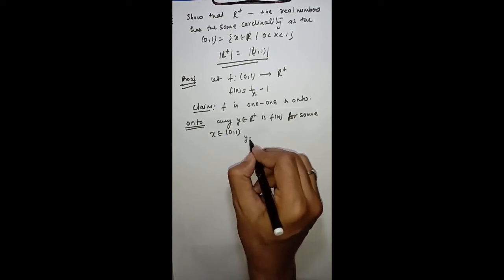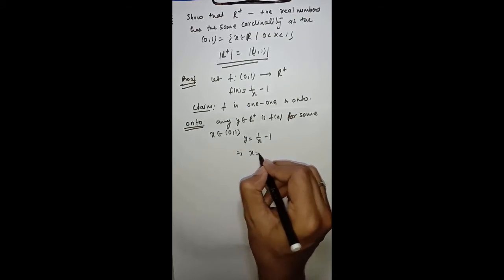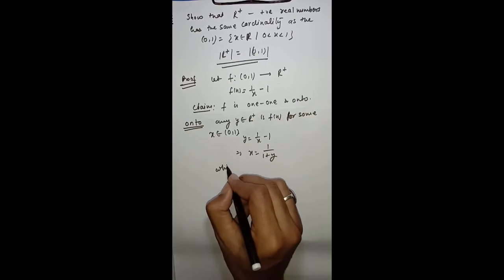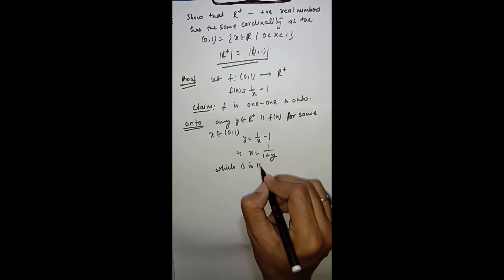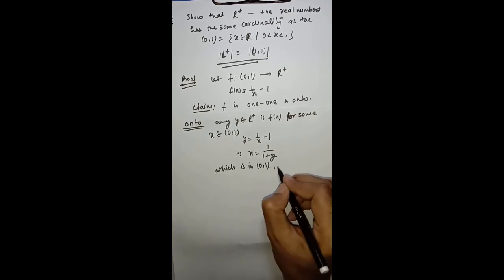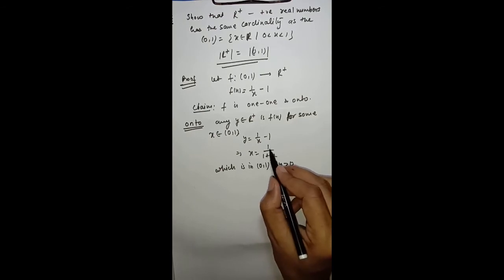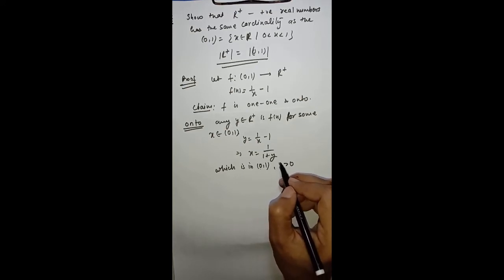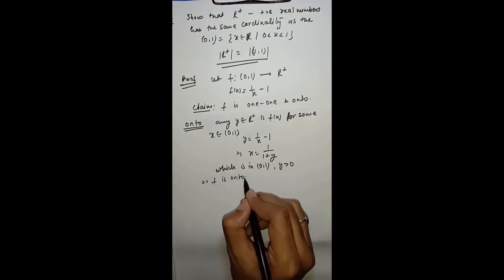But y = 1/x - 1 implies that x = 1/(1 + y), which is in (0, 1). We can check: since y is positive, 1 + y is always positive and greater than 1, and 1 upon any number greater than 1 always lies between 0 and 1. That means the function is onto. This implies f is an onto function.